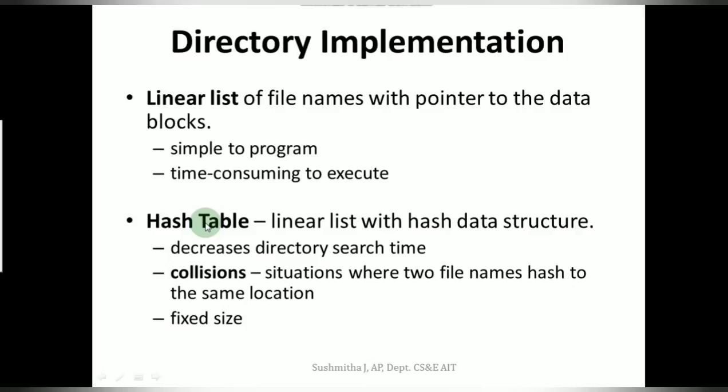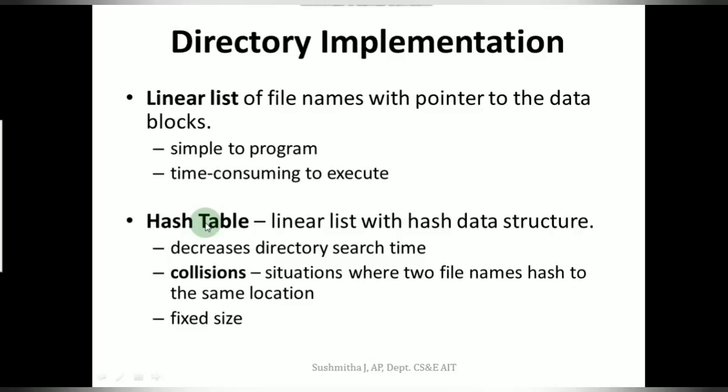The second approach that we have is the hash table, or indexing as we call it. So what do we do here? The linear list of file names that is stored in the directory entry is given an additional data structure, that is the hash table. So we use a hash function. Now what does the hash table contain?